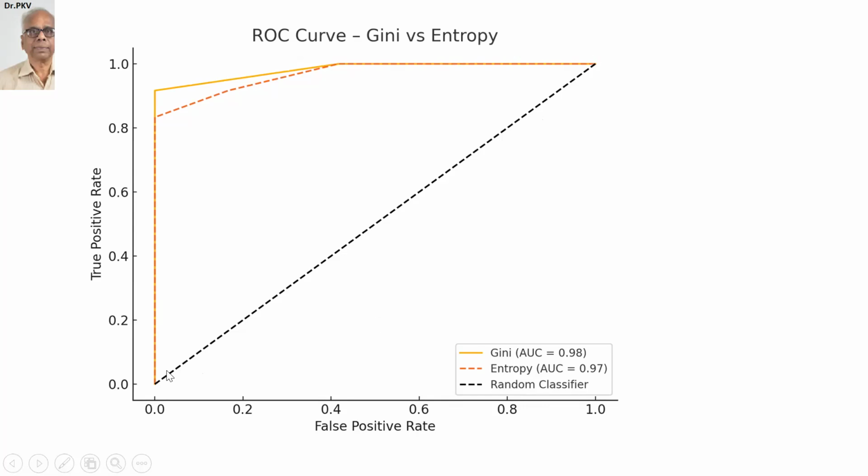You always expect the ROC curve, which plots the true positive versus the false positive. And when you do that, this is what it is, a beautiful one. 98% area covered in Gini, 97% area covered in entropy. It's a small gap here, pretty good result.